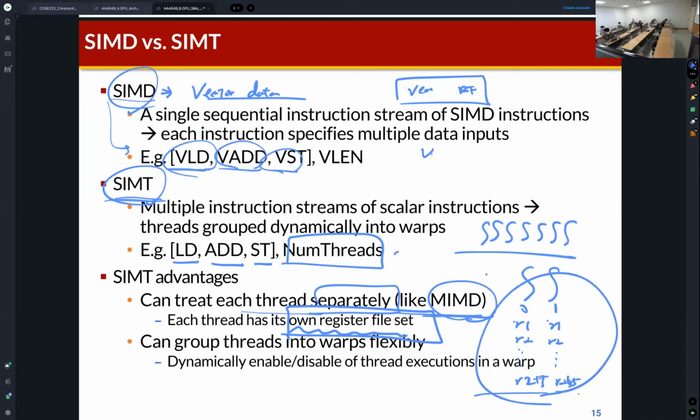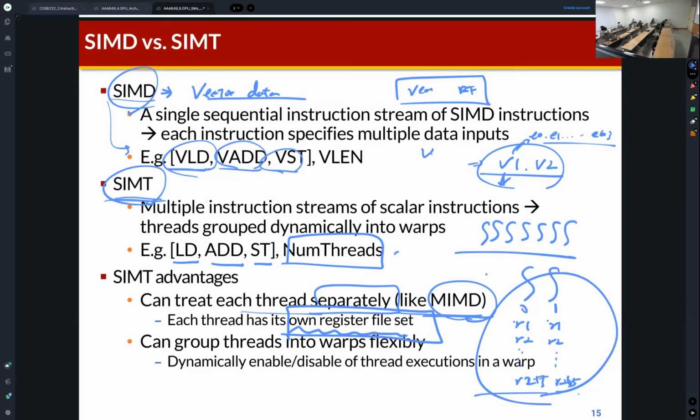But as I explained, the SIMD model just handles vector type data like V1 and V2, which have multiple elements like E0, E1, up to E63. So SIMD needs to use the vector type register, but in a SIMT model, each thread has its own register file set, and these registers are separately managed.